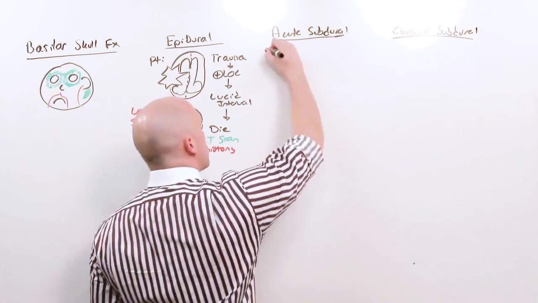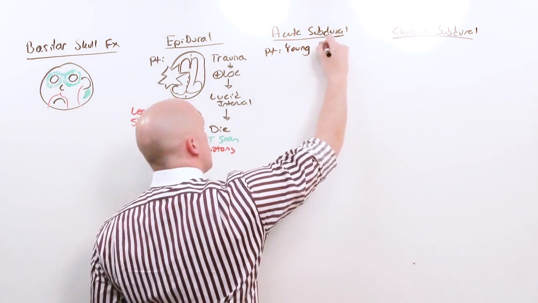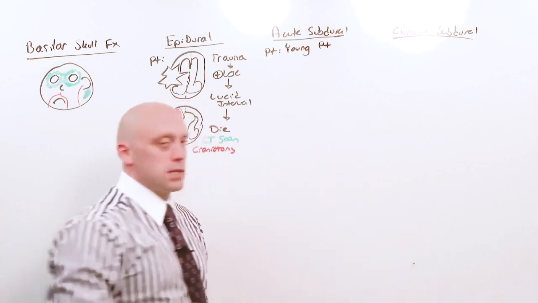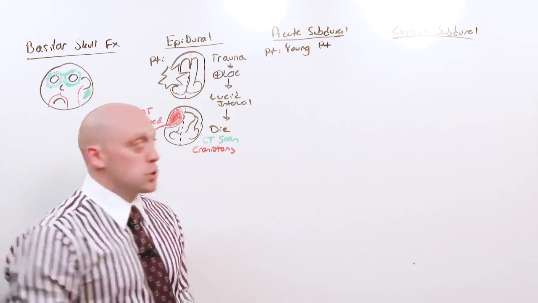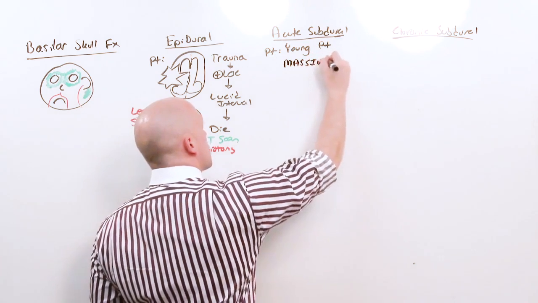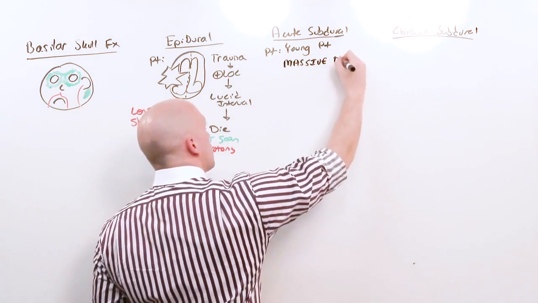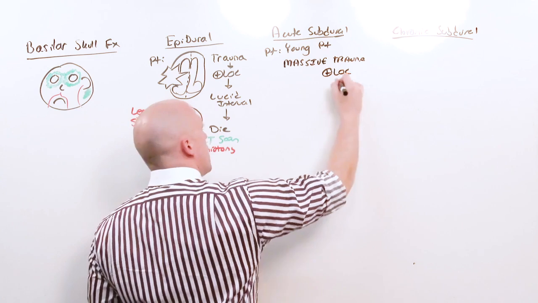This is going to be a young patient in the way of shaken baby syndrome, abuse of babies, or adolescents with Superman syndrome. Those teenagers that think they're invincible. So you're going to get a massive trauma, like 80 miles an hour car crash, patient ejected. They're going to come in with a loss of consciousness, and then they die.